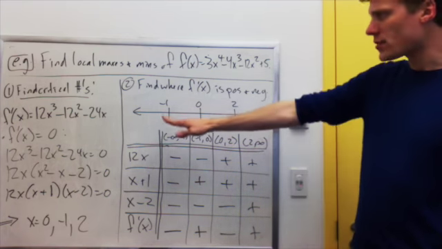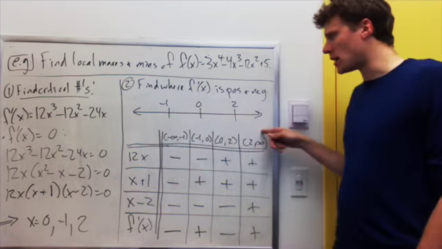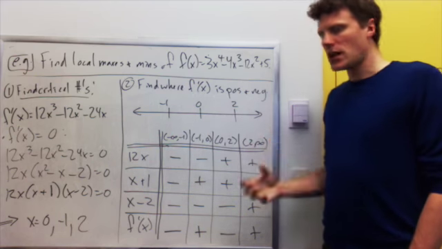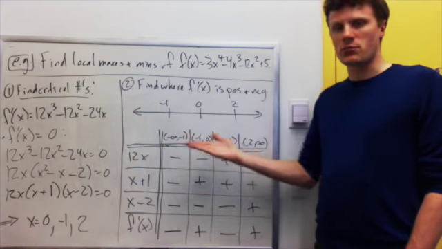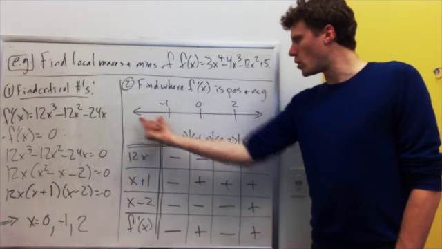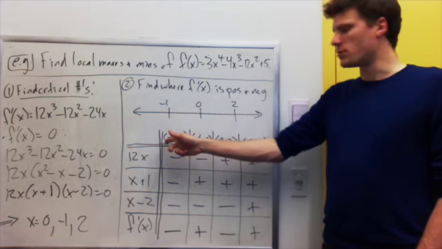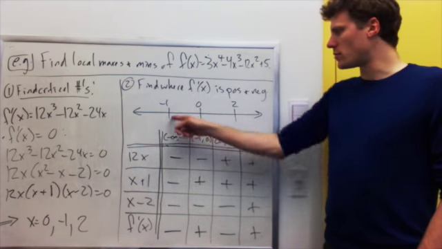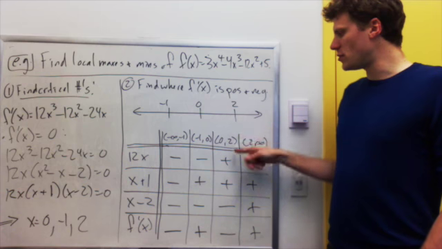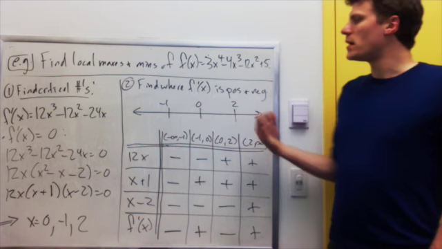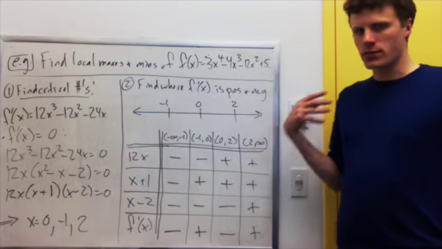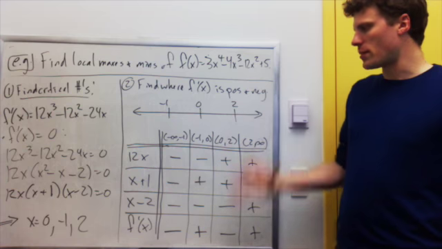Okay. So the way I like to do this is I'll take a number line, and I'll plot my critical numbers on it, and then I'll say that it breaks it up into a bunch of intervals. 1, 2, 3, 4. From negative infinity to -1, from -1 to 0, from 0 to 2, and from 2 to infinity. Now in each of these intervals, the derivative is always going to be positive or negative.